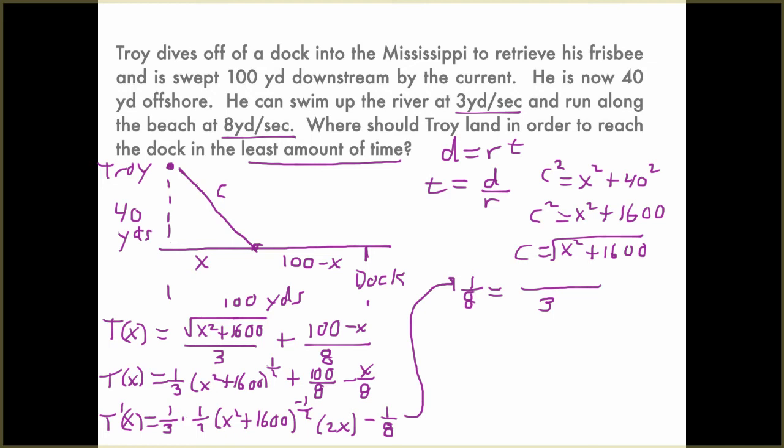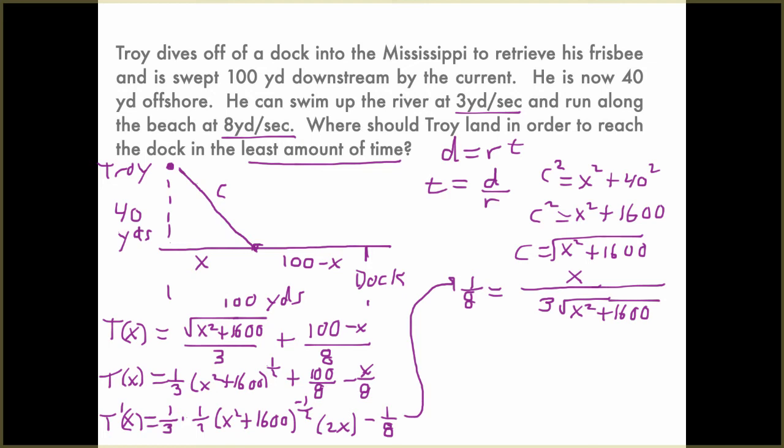And then in the denominator, we'd have our square root of x squared plus 1600. And in our numerator, we would have our x, because 2x times 1/2 is x.